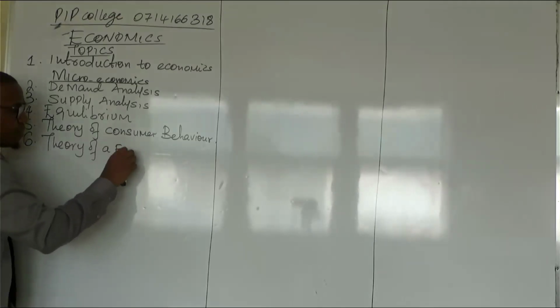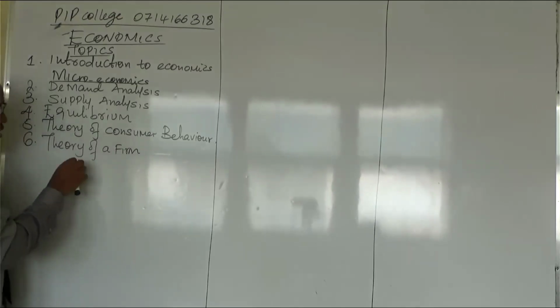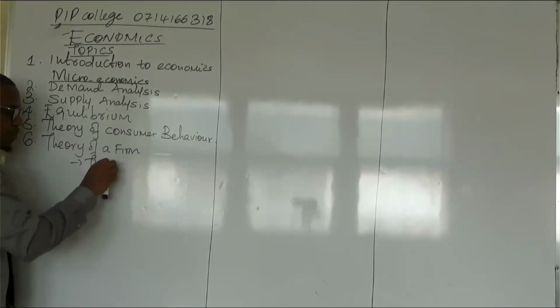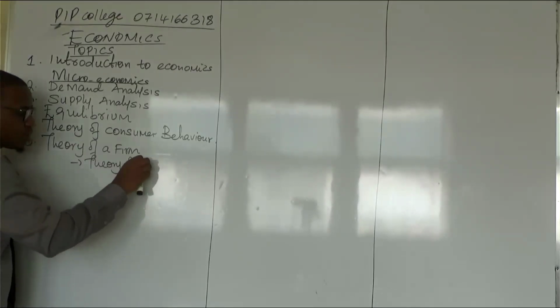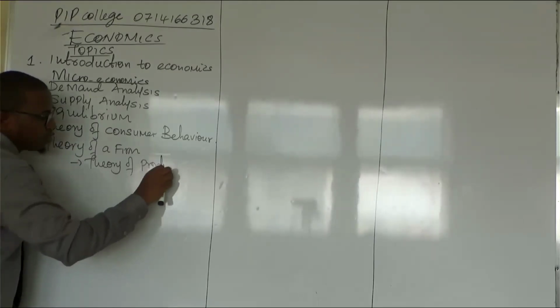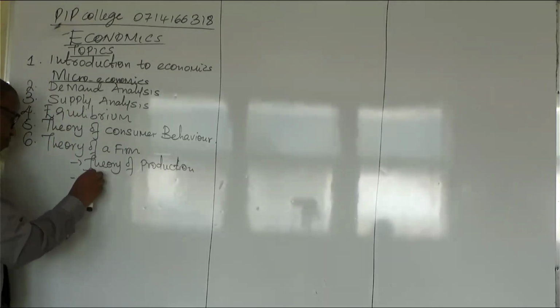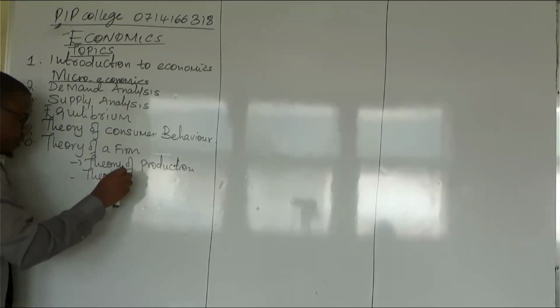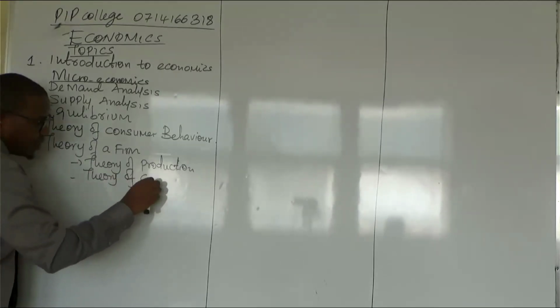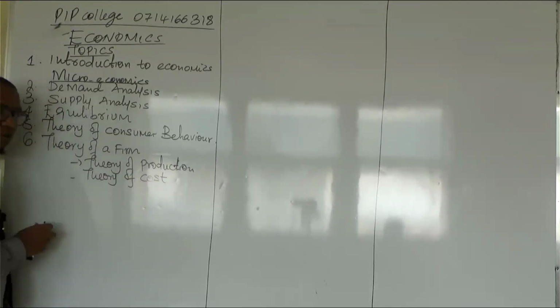Theory of a firm, we'll talk of it in 2 ways. Here we'll talk about the theory of production, and then I will also talk of the theory of cost.